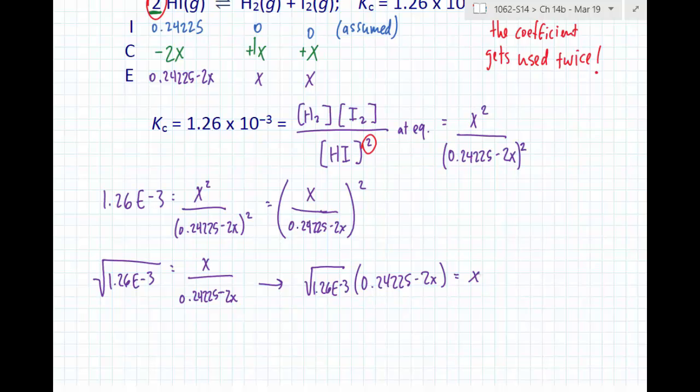You can evaluate that square root at any point too, but how do you deal with those parentheses? Yep, you have to distribute. So why don't you evaluate the square root and distribute, and we'll compare our numbers.